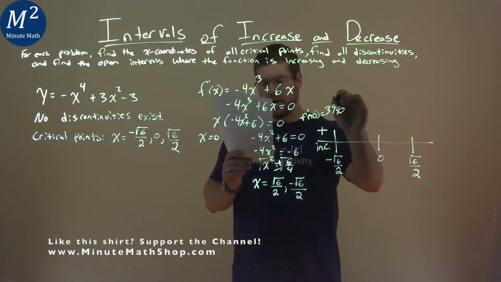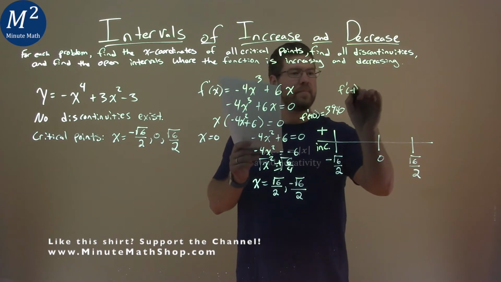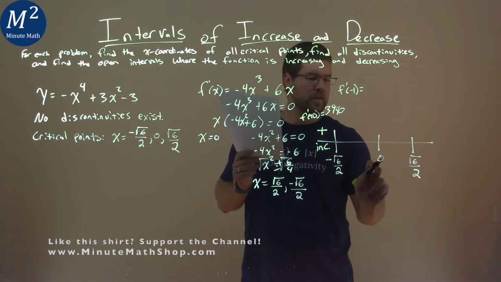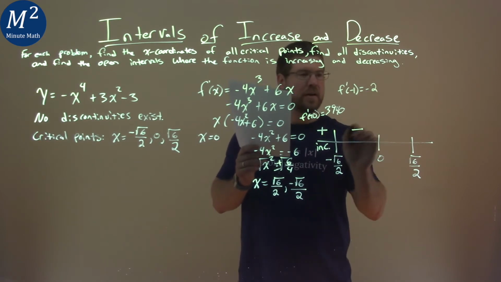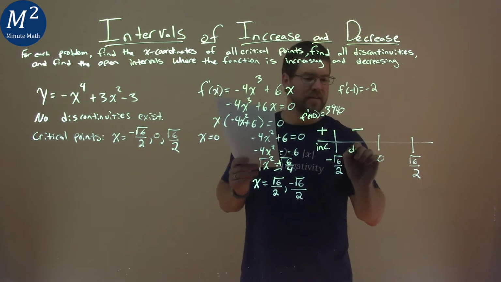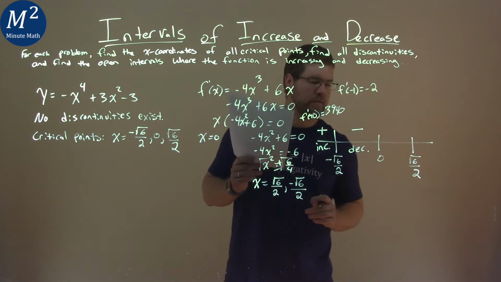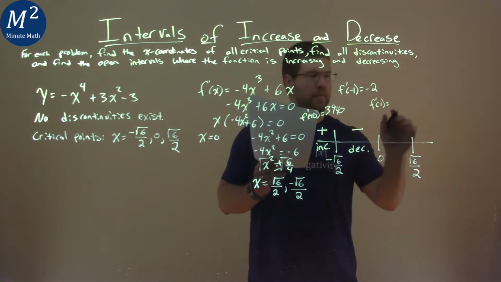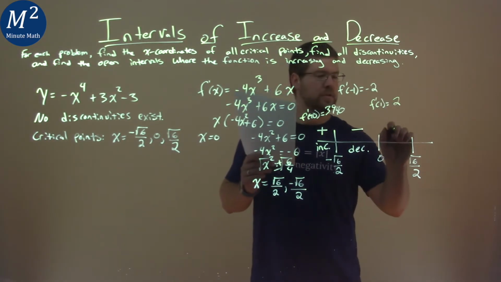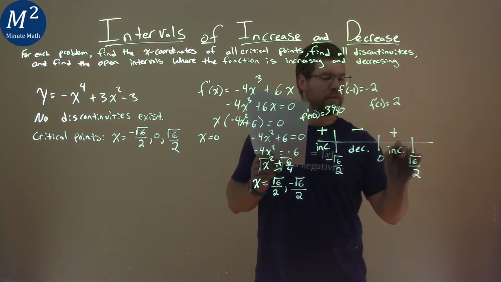The next one I found was f prime of negative 1, and that fits within this interval right here, and that came out to be a negative 2. It's a negative number, that's all I care about, and it's decreasing. Same thing between 0 and square root of 6 over 2: f prime of 1 came out to be 2, a positive number, therefore making this interval increasing.